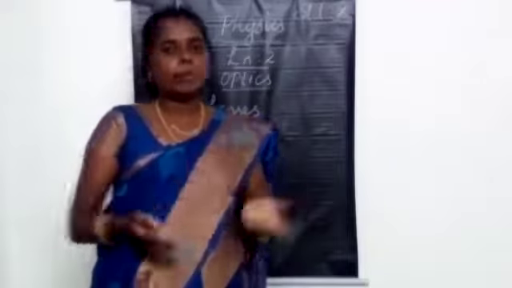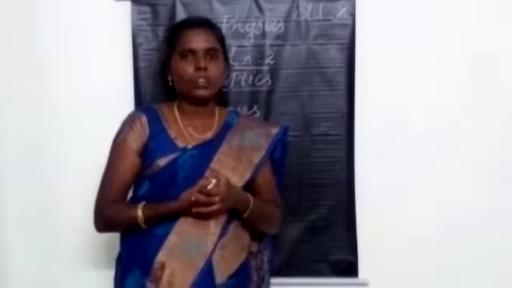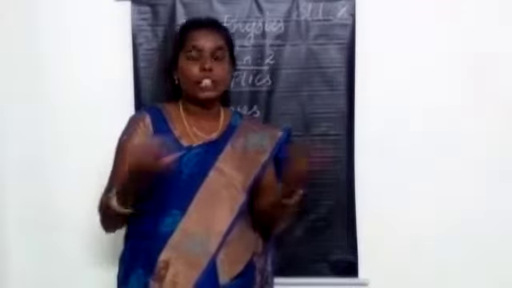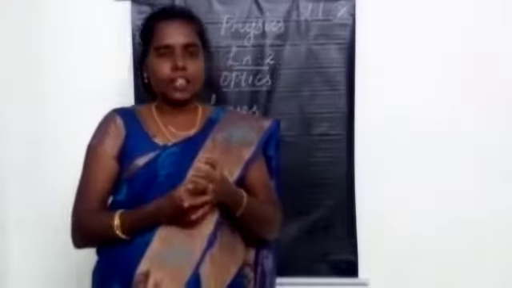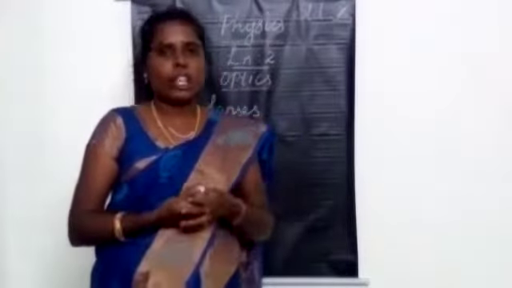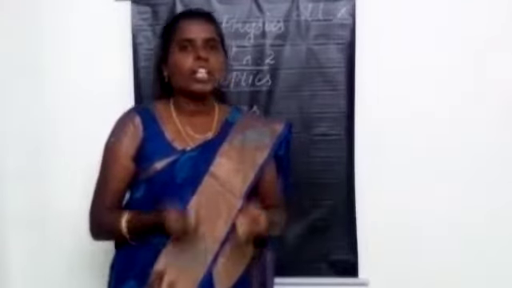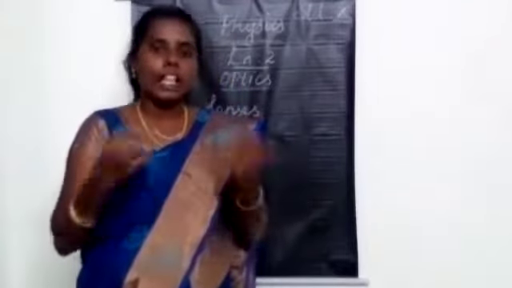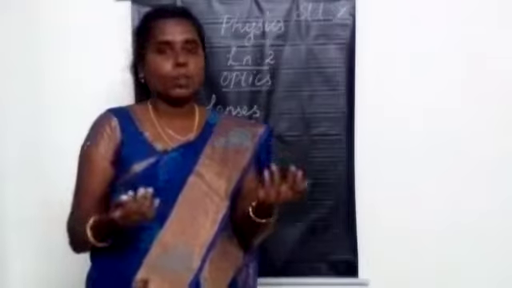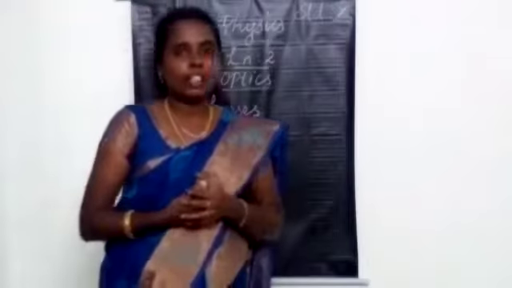There are two types of lenses. What are the two different types of lens you all learned in the lower classes? Yes, concave lens and convex lens. Now how can we identify the two different types, concave and convex lens? Now I am showing a simple thing.